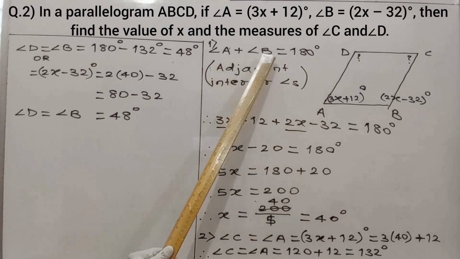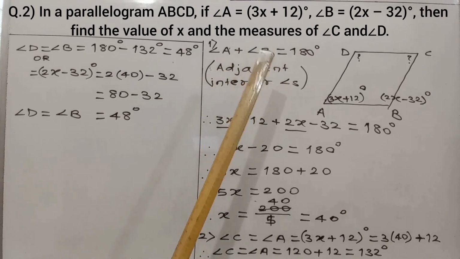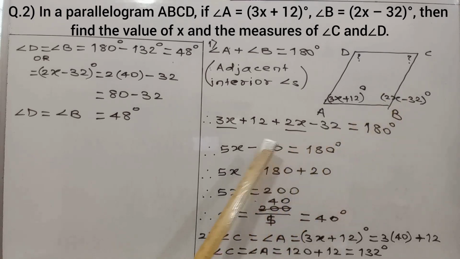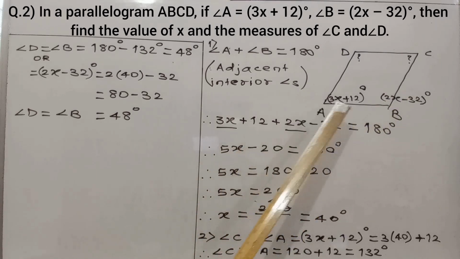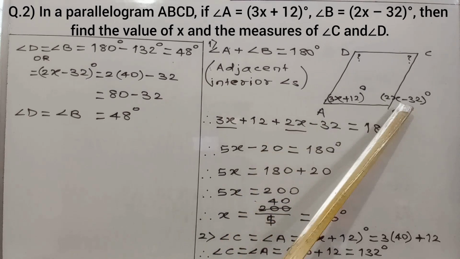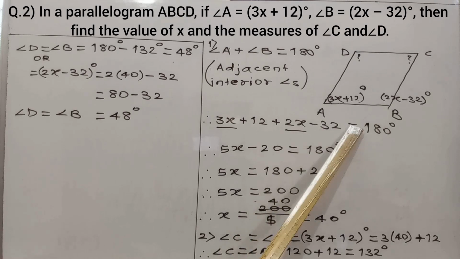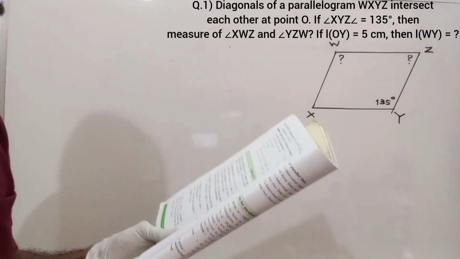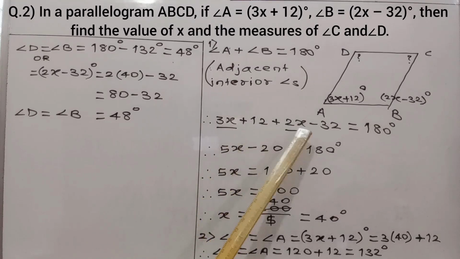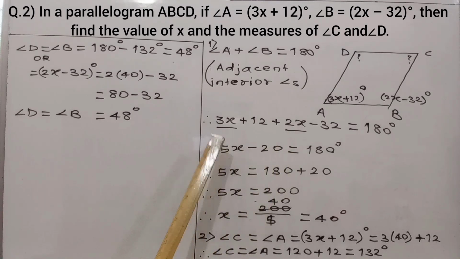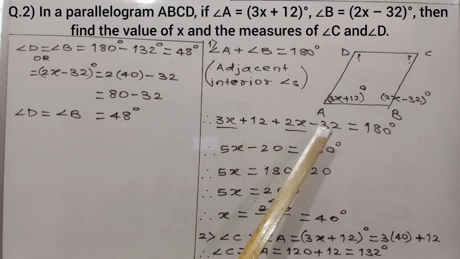Now we substitute the values of angle A and angle B, because these are already given. So we write here 3x plus 12, the value of A, plus the value of B, 2x minus 32, is equal to 180 degrees. Now we add or subtract like terms. Here 3x plus 2x are like terms. Answer 5x. Now here plus 12 and minus 32 are like terms.